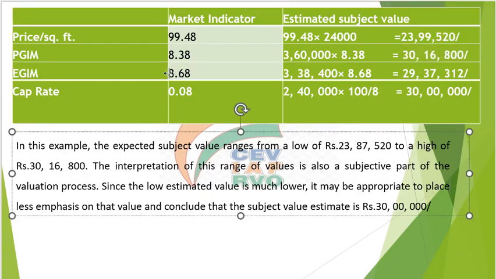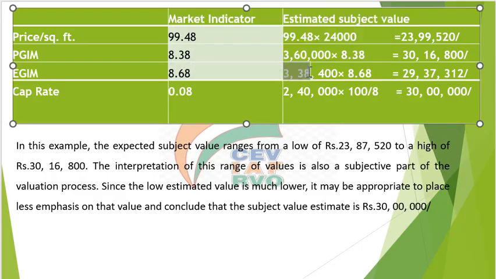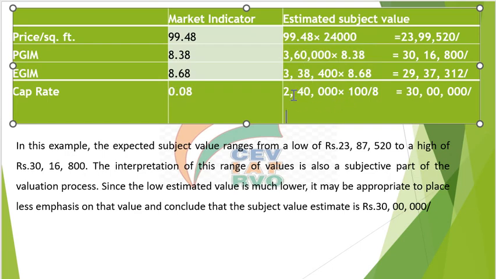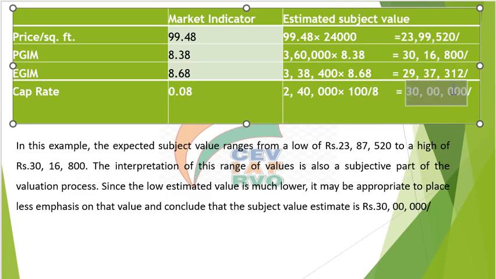Effective gross income multiplier average is 8.68. Effective gross income of our subject property is 3,38,400 multiplied by 8.68, 29,37,312. And capitalization rate average is 0.08. So you multiply 2,40,000 net operating income with the YP at 8%, means 100 upon 8, 30 lakh.